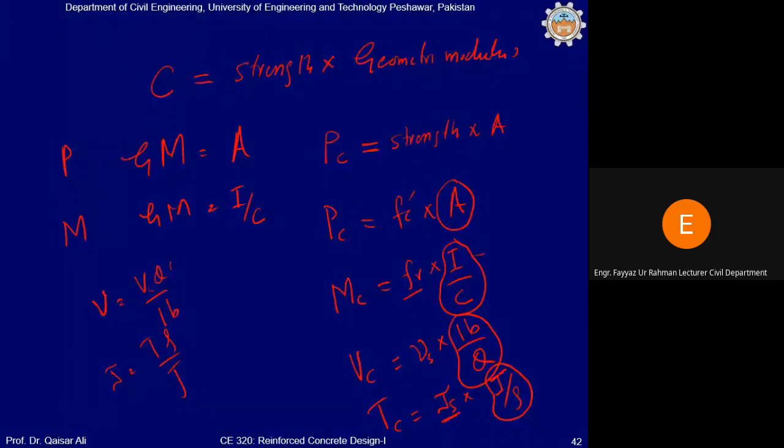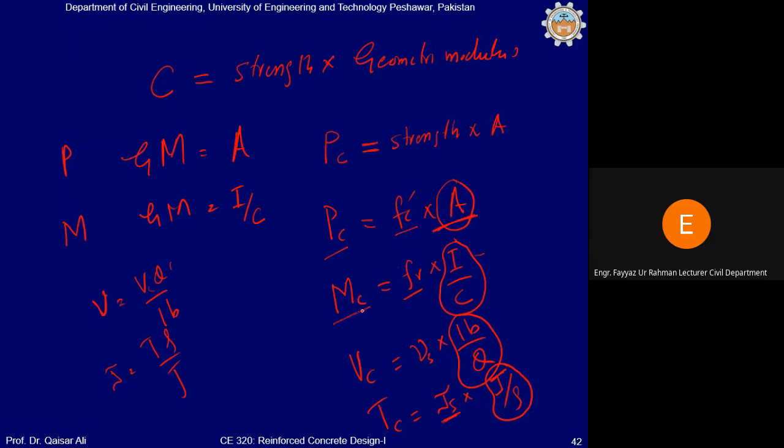So capacity is basically the product of strength and the corresponding geometric modulus, जिसको हम geometry कहते हैं, सही? In case of axial capacity, it is the product of strength multiplied by the geometric modulus, which in this case is cross-sectional area.